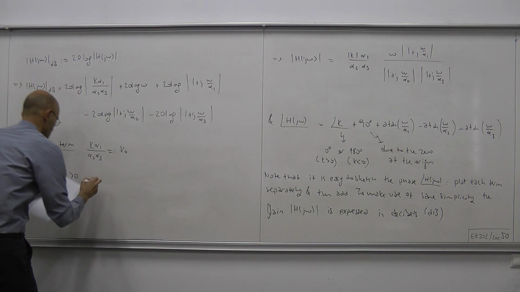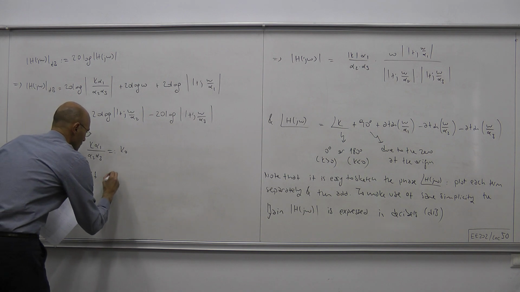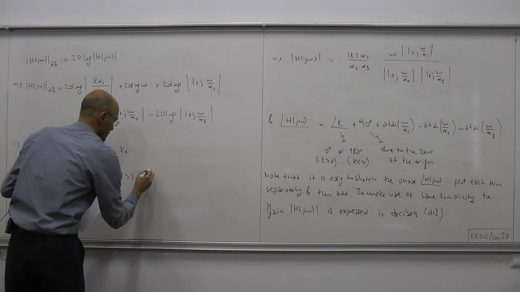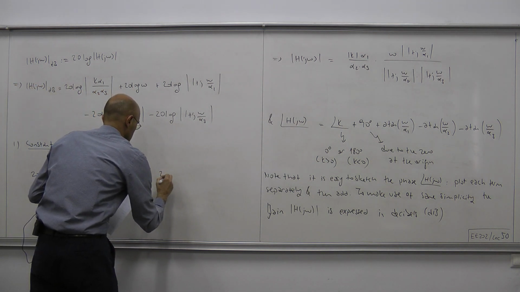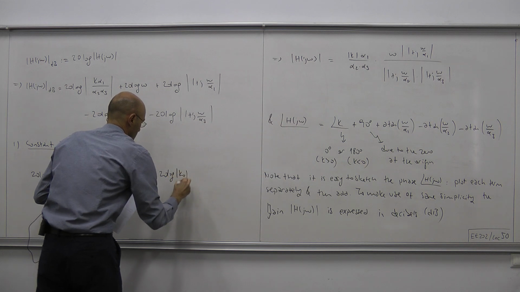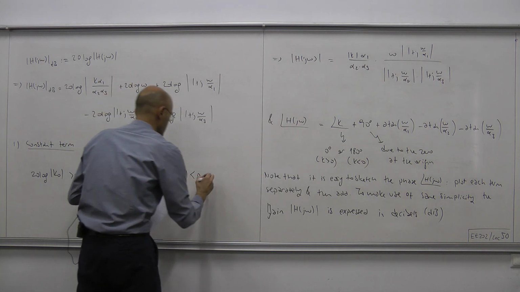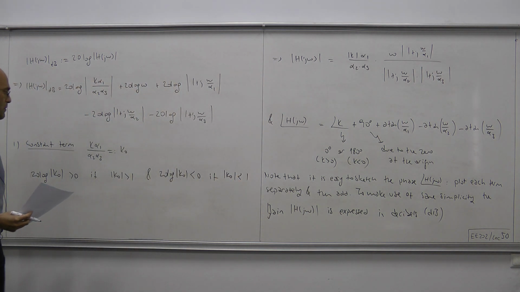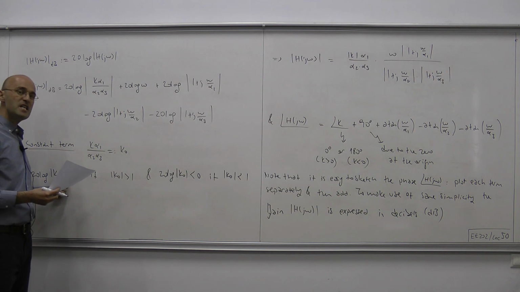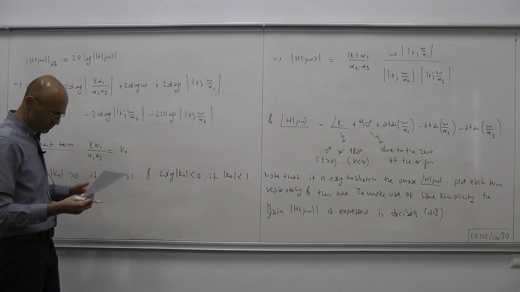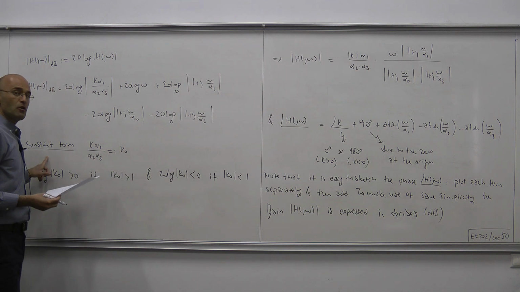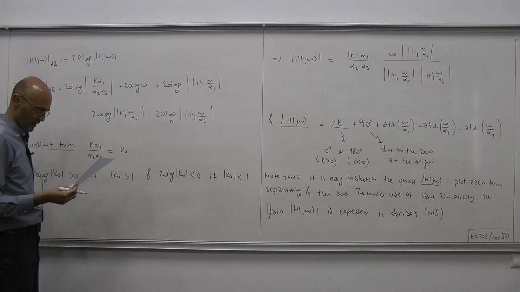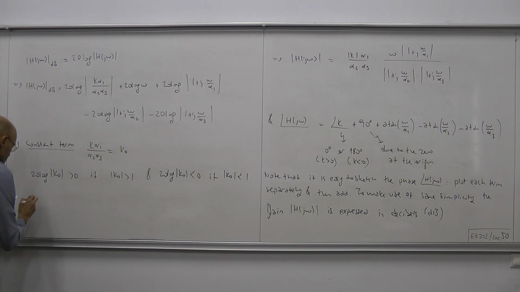If K0 is larger than unity it's positive, and it's negative if K0 is smaller than unity. But in either case, this is independent of frequency. So the gain contribution of the constant term is constant, independent of ω.